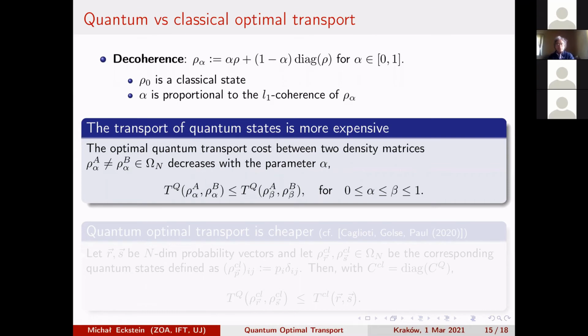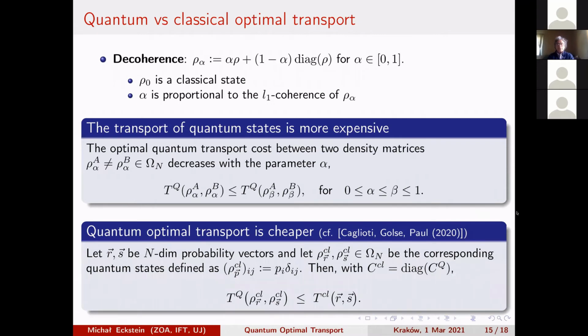This is somehow expected because if you have more coherence, there is more information that you need to take into account, so it will be more expensive to transport it. On the other hand, there's a result in a different direction, which tells you that the quantum optimal transport is generally cheaper than the classical one. Again, a very similar result was developed by Michael, Goss, and Paul just last year.